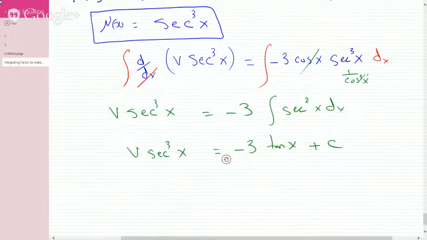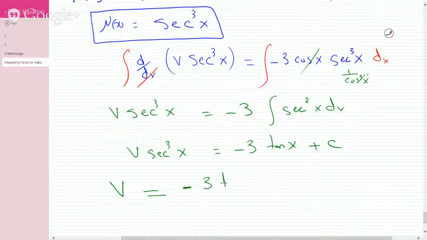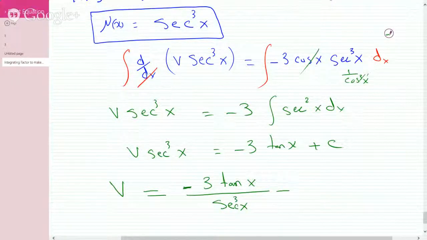And now to get v, we just divide by secant cube. So we get minus 3 tan x over secant cube x plus c over secant cube x.